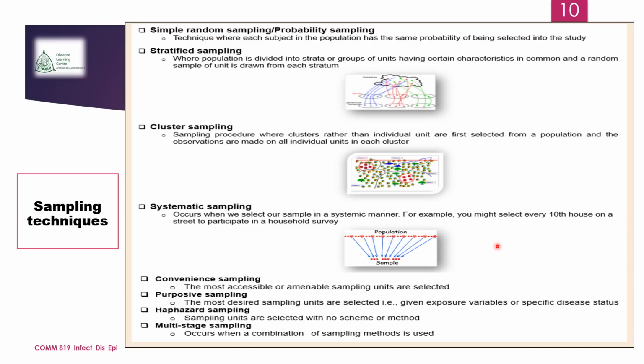For instance, every second person that enters the hospital. So when the first person comes in, you ignore him. When the second patient comes in, that one becomes your sample. Fourth patient, sixth, eighth, 10th, 12th, until you get your target.